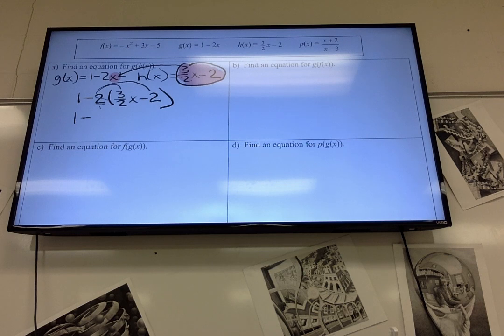And you can cross cancel the 2's. So that's minus 3x. And negative 2 times negative 2 is positive 4, because it's a negative times a negative. And then I have like terms. 1 plus 4 is 5. So you can write that as 5 minus 3x or negative 3x plus 5. Doesn't matter. It's the same thing.